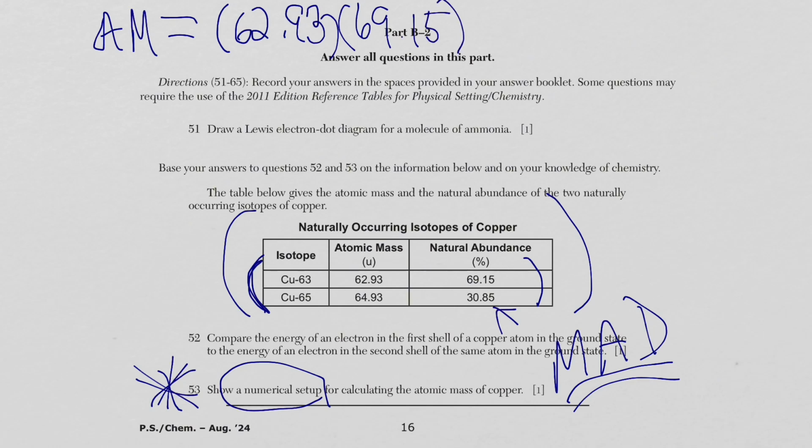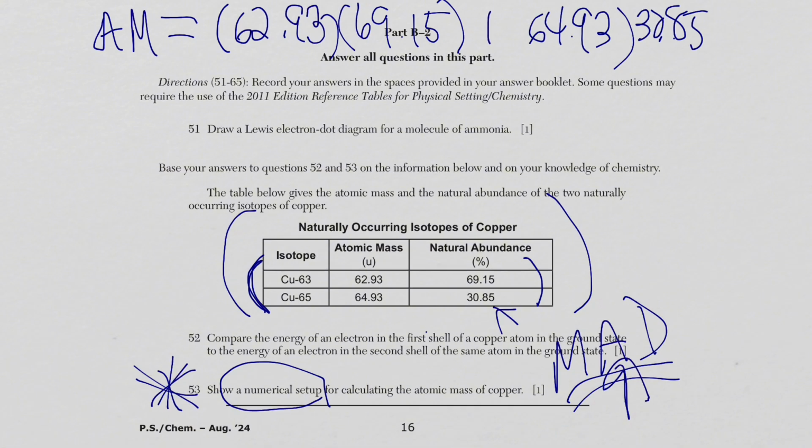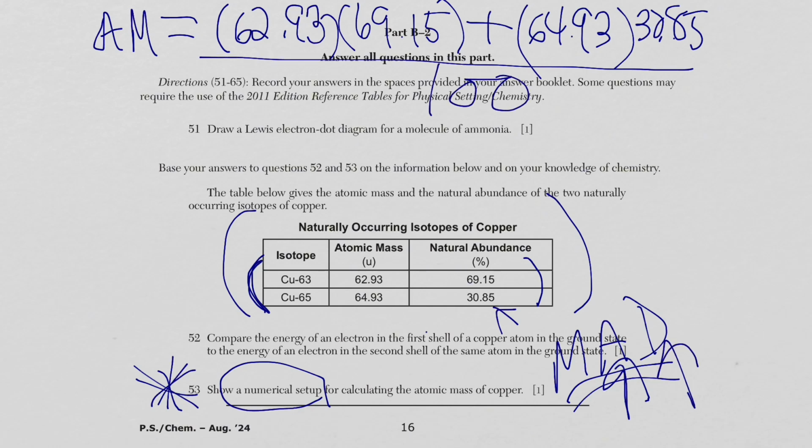Now I'm also going to multiply 64.93 times 30.85. Now, here's the thing. The A means add. These are not multiplied together. They're added together. And we're going to divide by 100. So multiply, add, divide. Here is our setup, and that is our answer.